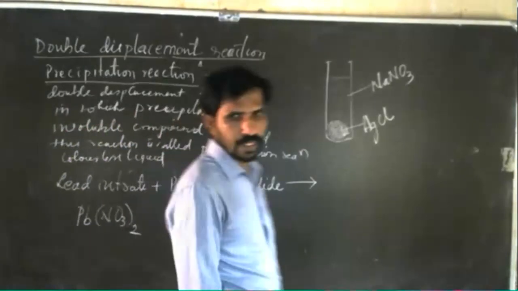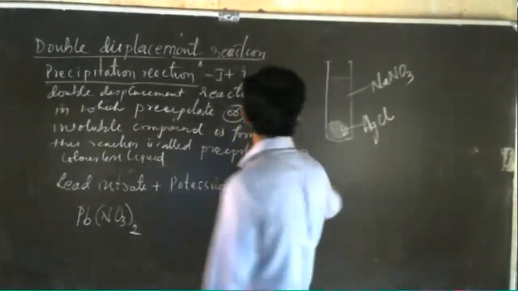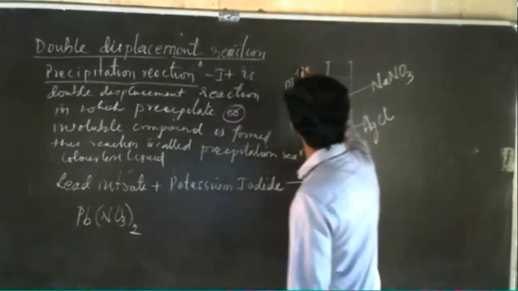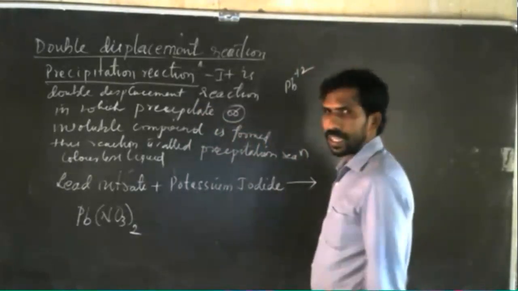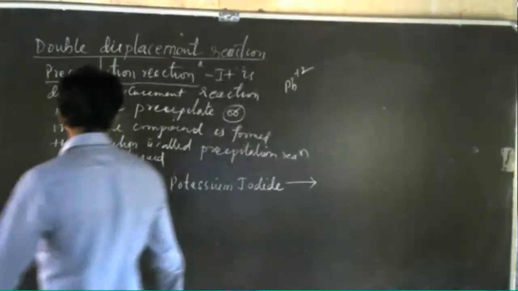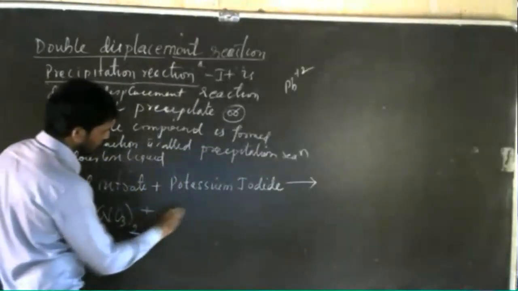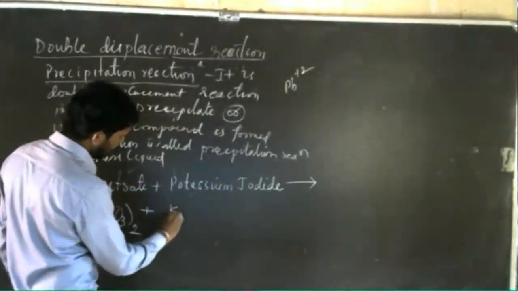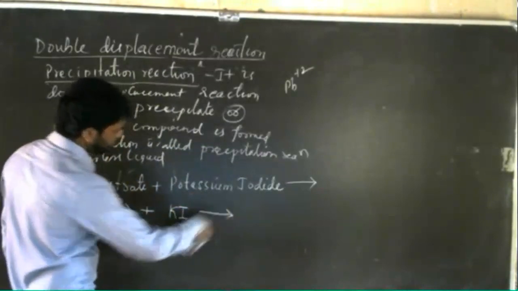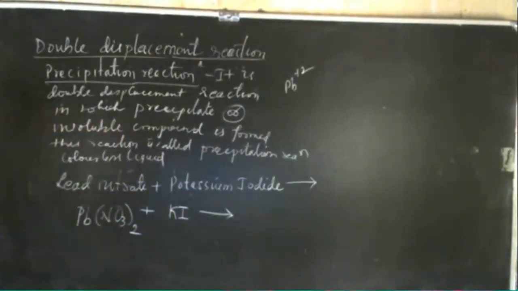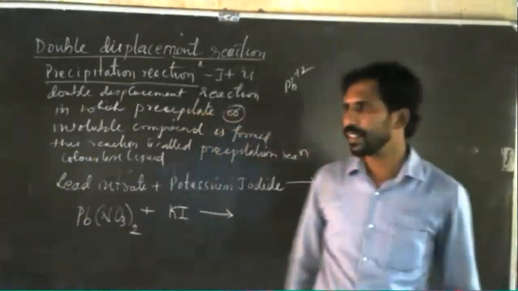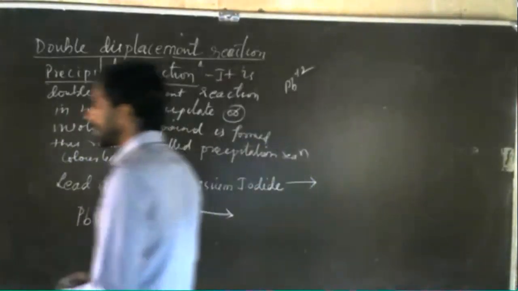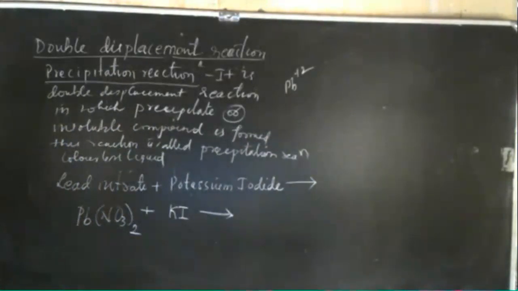So correct it. Lead is +2; the valency of lead is +2. Correct the equation: Pb(NO3)2 plus potassium iodide, KI. Both are in aqueous state. Remember that.